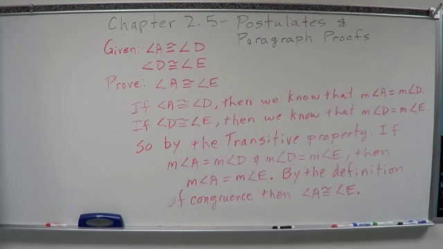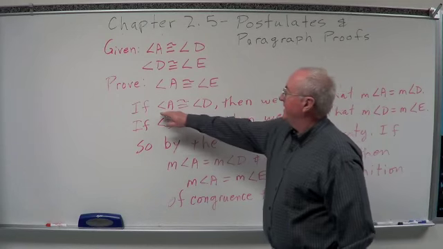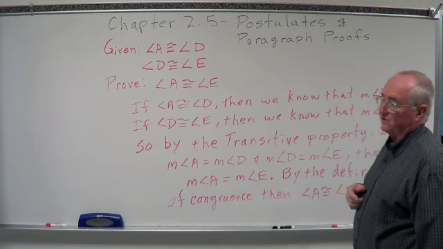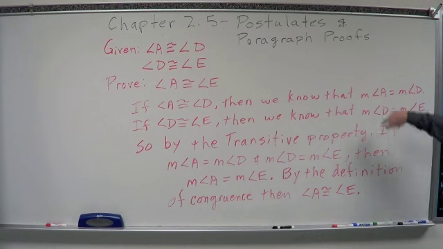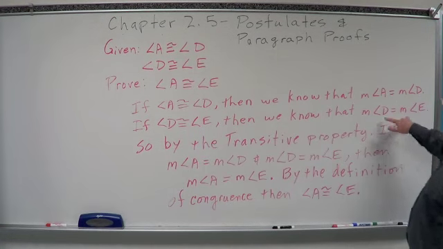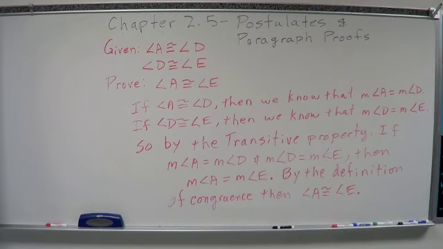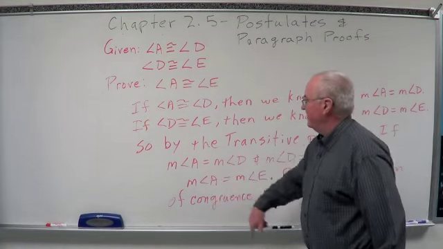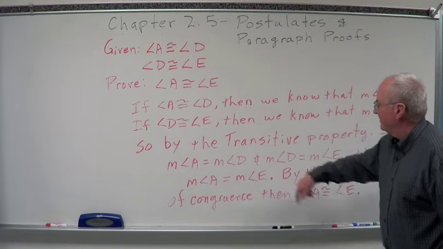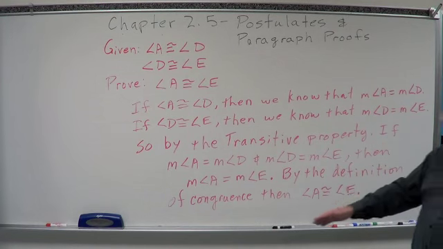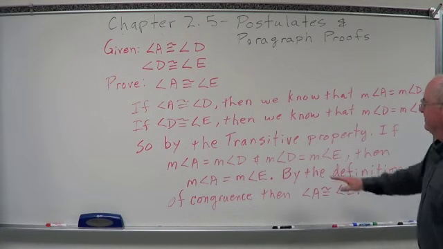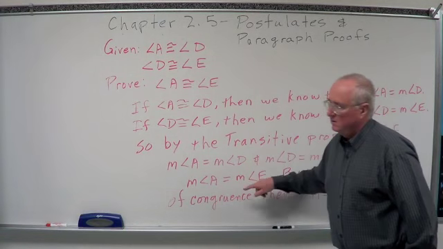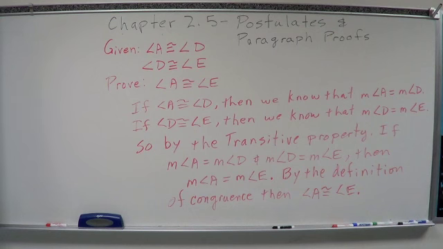Okay? Let's look at it. We said, if those two angles are congruent, we know that they have the same measurement. If these two angles are congruent, we know that they have the same measurement. Notice we use a conditional statement. And by the transitive property, we know that if measurement of angle A equals measurement of angle D, and measurement of angle D equals measurement of angle E, then measurement of angle A equals measurement of angle E. By the definition of congruence, anything that has the same measurement is congruent.